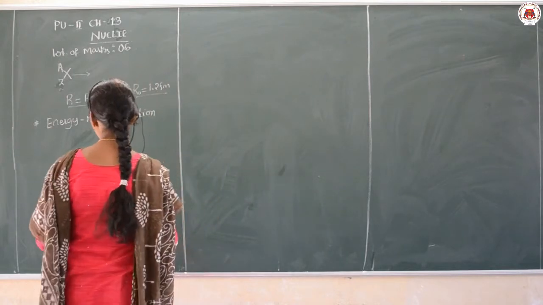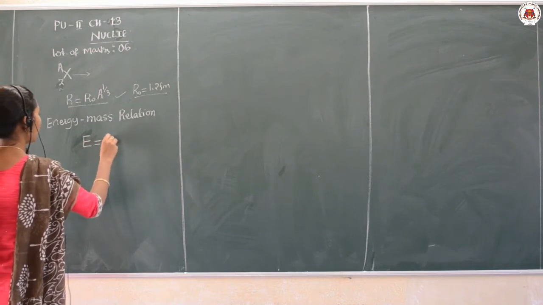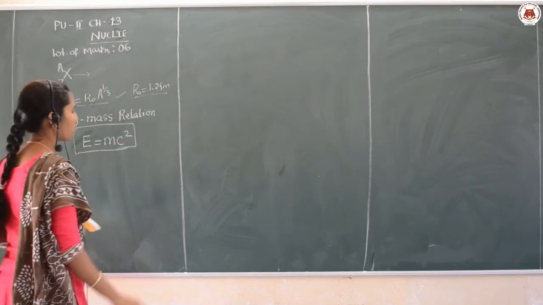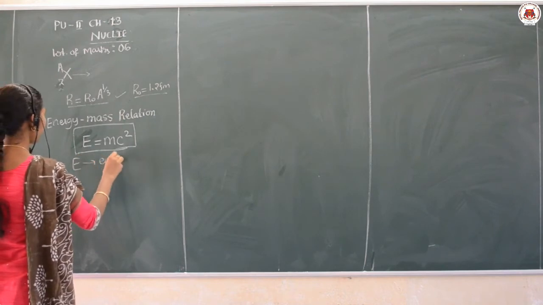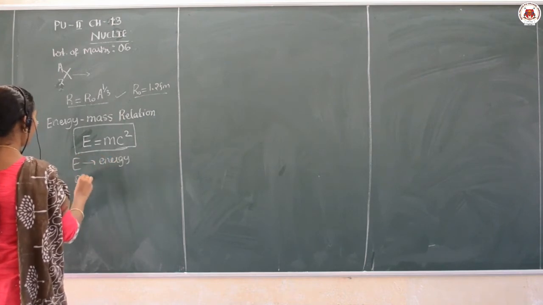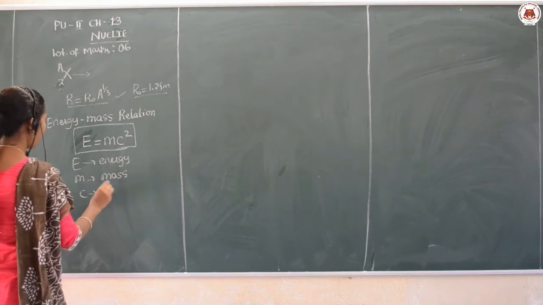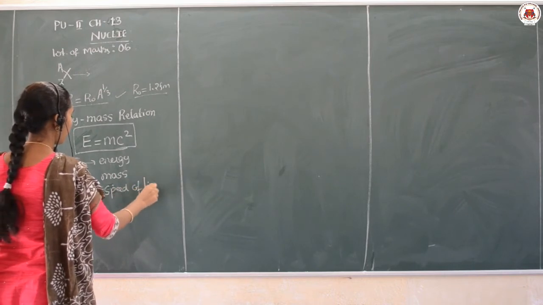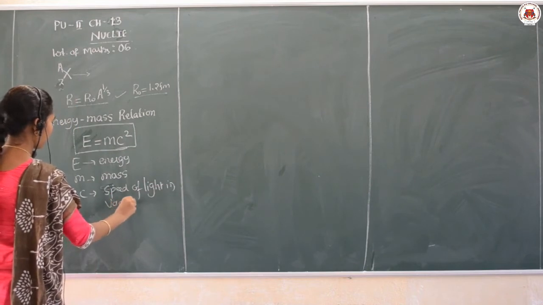Then in his expression, he has given a formula, that is energy E is equal to m c square, where E is the energy, m is the mass, and c is called the velocity or the speed of light in vacuum.